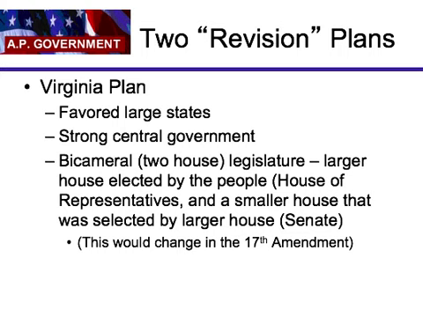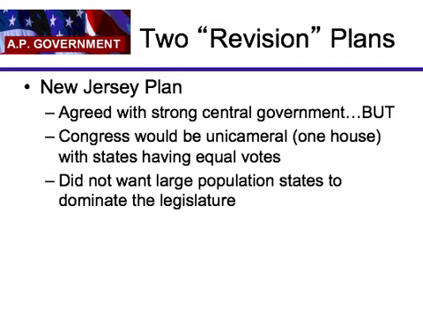However, this model, they do use the two-house bicameral system in our system today, and the 17th Amendment changed it so that the people actually elect those in the Senate. The other plan, favored by the smaller states, or the New Jersey plan, agreed with a strong central government, but Congress would be one house, unicameral, with everyone having equal votes because they didn't like the idea based on population.